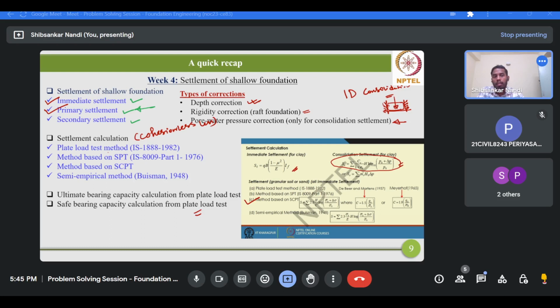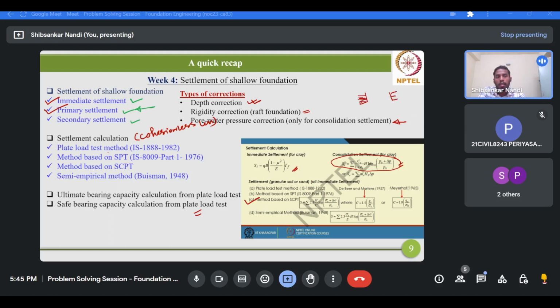So that means you are considering only 1D consolidation. It's one of the assumptions of Terzaghi's 1D consolidation theory. But in real life this phenomenon is not valid, because the radial restraining condition is not valid to some extent.